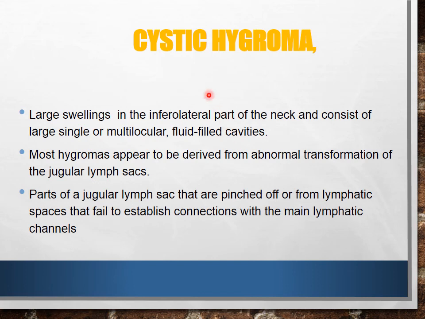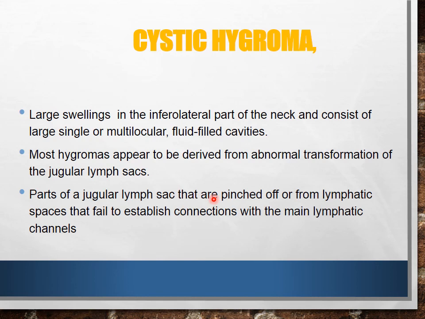The most important congenital anomaly associated with the lymphatic system is cystic hygroma. These are cyst-like sacs which are pinched off from the jugular lymph sacs, and they lose their connection from the whole of the lymphatic channels and become separated. So these cyst-like fluid-filled cavities mostly appear in the neck region.